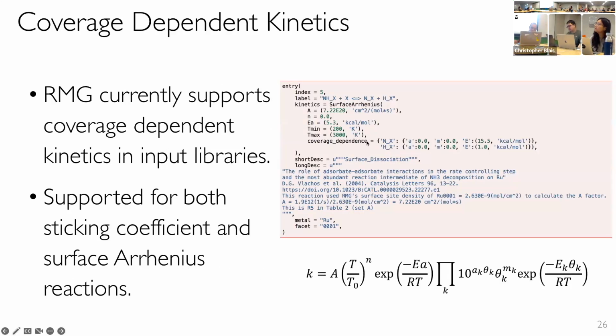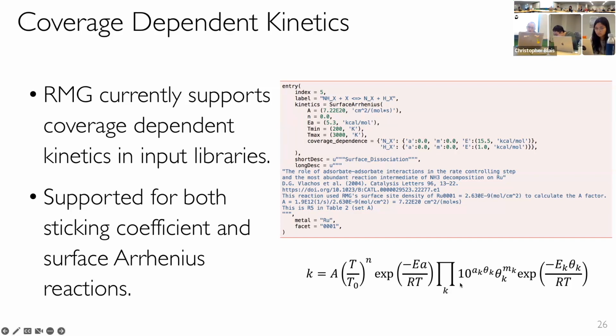We've also, for both the surface Arrhenius and the sticking coefficient, added in the ability to specify coverage dependent kinetics. Coverage dependent kinetics is an add-on to your normal rate constant expression, where you have a product over each coverage dependent species.